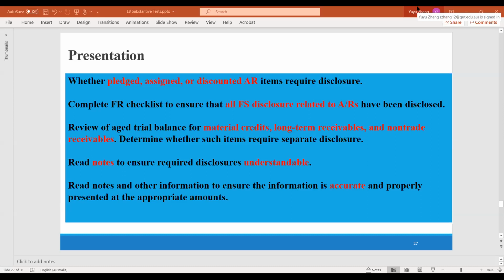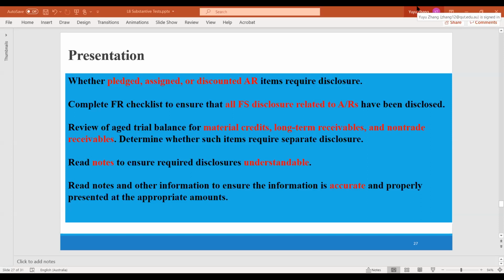If the company has done that, do we still have the ownership of these accounts receivable? No. So pledged or factored accounts receivables need to be disclosed differently. They need to be separately disclosed by the company.